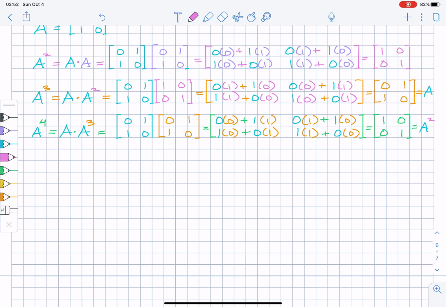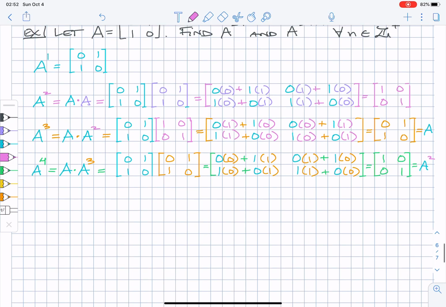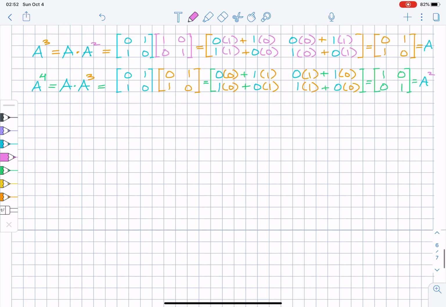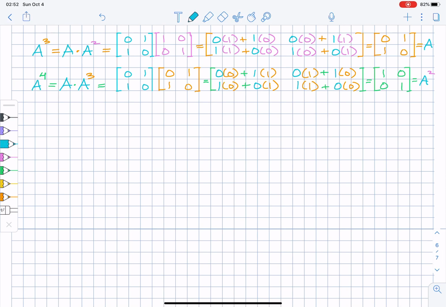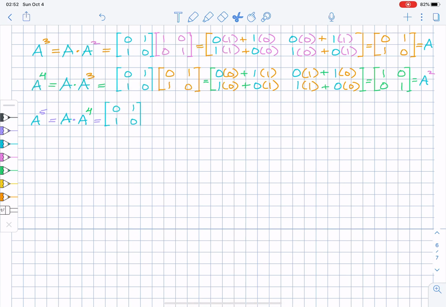Okay, so what's going on here? I have a feeling that all the evens are the same and all the odds are the same, but let's do one more. So A to the 5th. I claim that that's just A times A to the 4th.